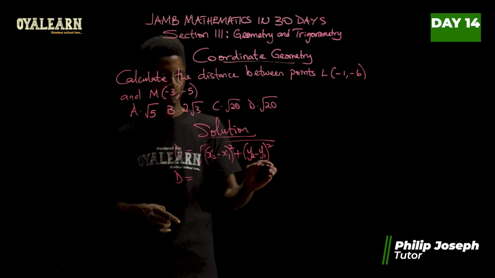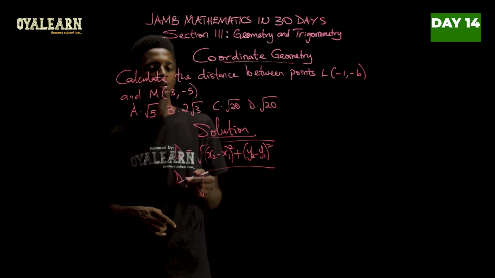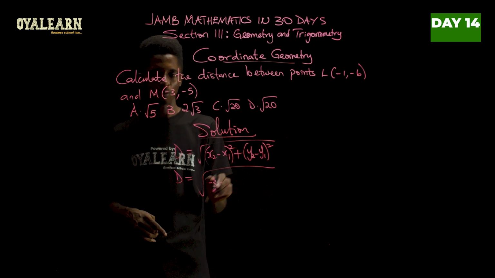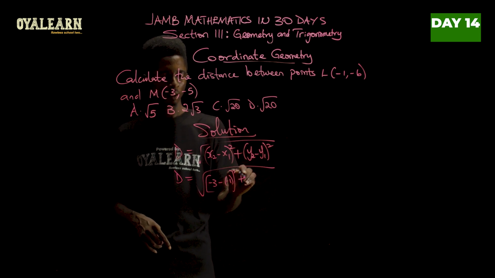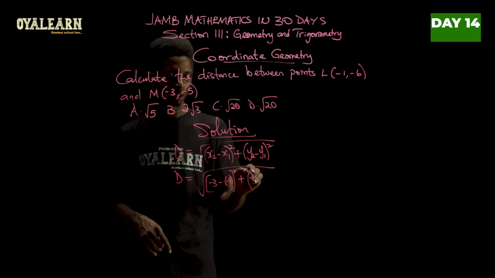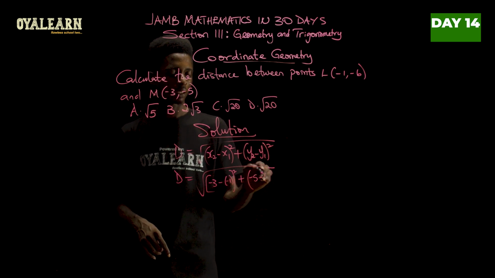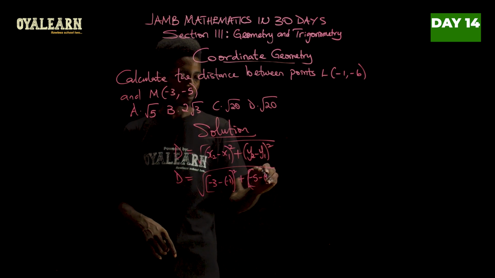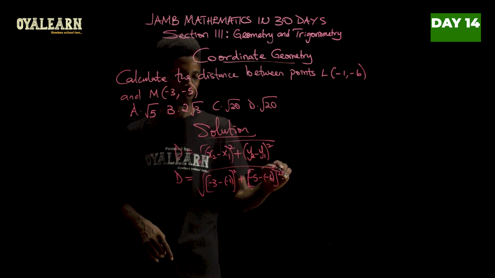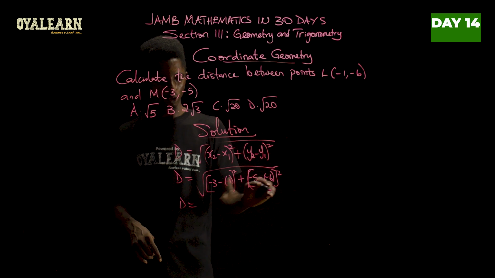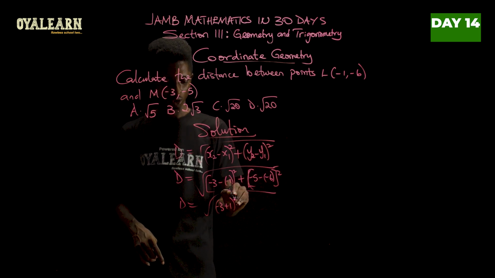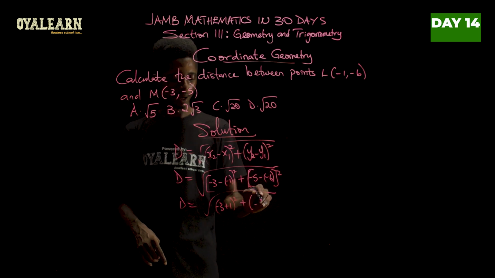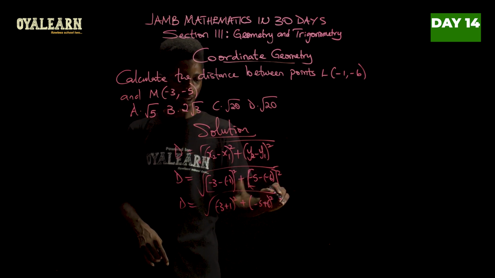So d therefore becomes square root of, now x2 is minus 3. So minus x1 is minus 1, squared, plus y2 minus 5 minus minus 6, squared. D therefore becomes the square root of minus 3 plus 1 squared plus minus 5 plus 6 squared.